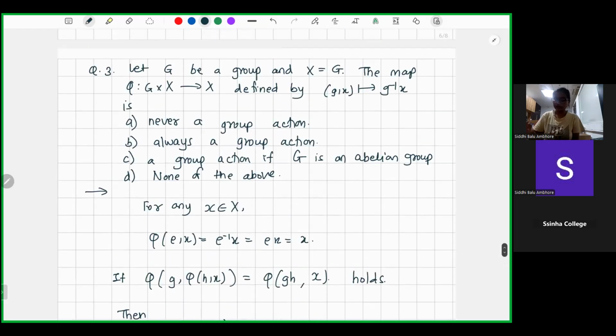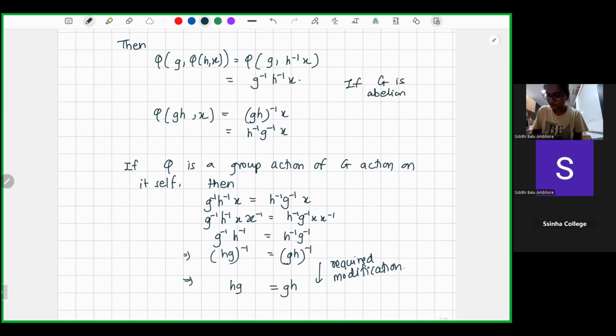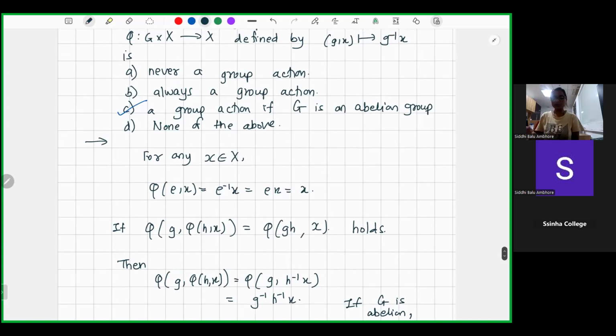So that will give me that it is a group action only if G is abelian, right? We need to have this. So if G is abelian, then this H inverse G inverse x will be equal to this H inverse x, for all x, G, H in G. So under an abelian group, this will always be a group action.